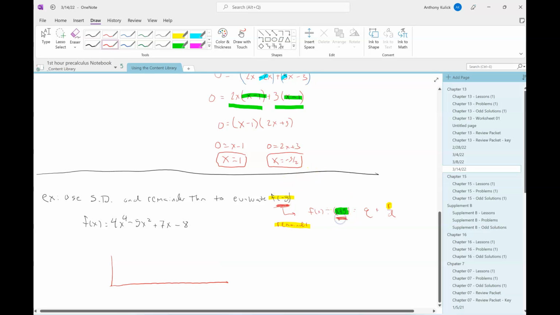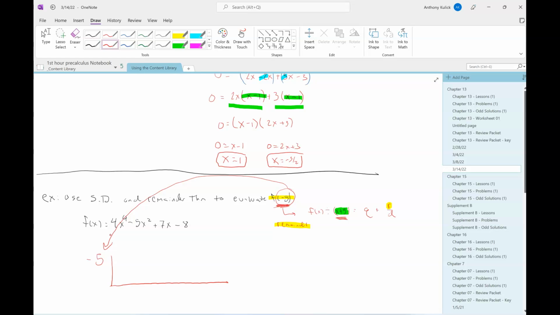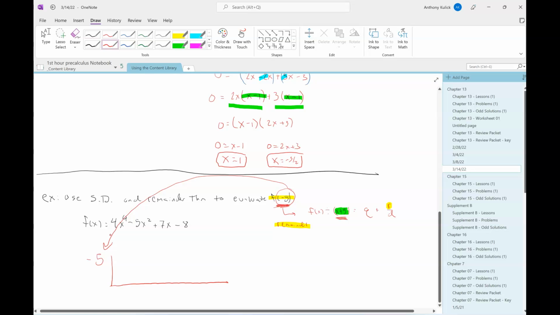Well, it's going to come from the divisor, which came from the negative 5 here. It's okay there? What are the numbers that are going to go inside my synthetic division bar? Can somebody tell me?